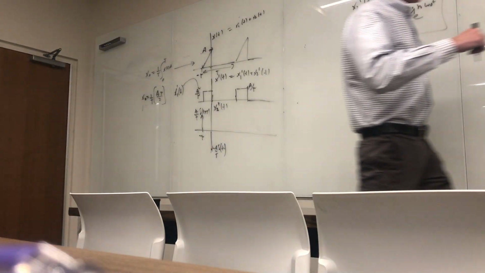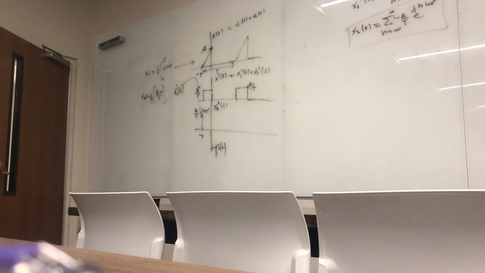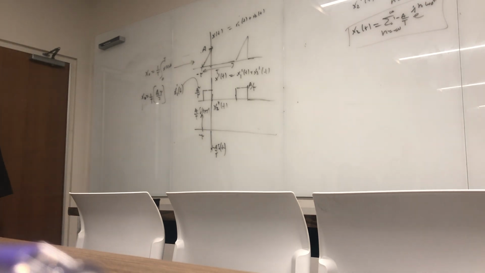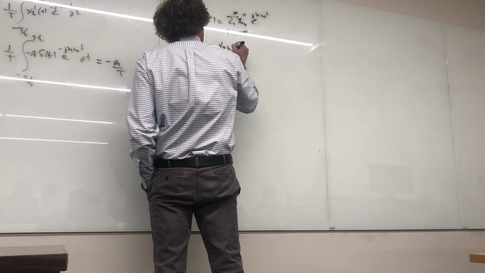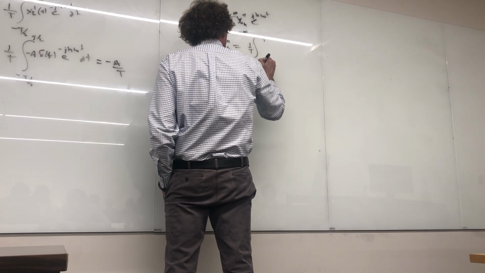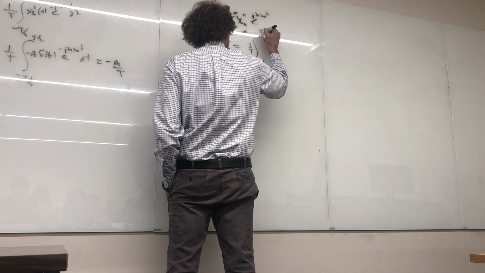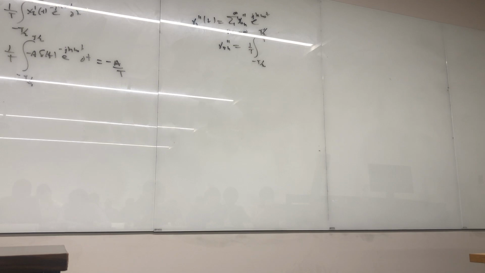So now for that series, that's a double prime series, and I have x2 double prime of t is still equal to the summation of x2 of n double prime times e to the jn omega naught t, from n equals minus infinity to infinity. And my x2 of n double prime will be equal to 1 over T, the integral from minus T over 2 to T over 2 of this function right here, right?